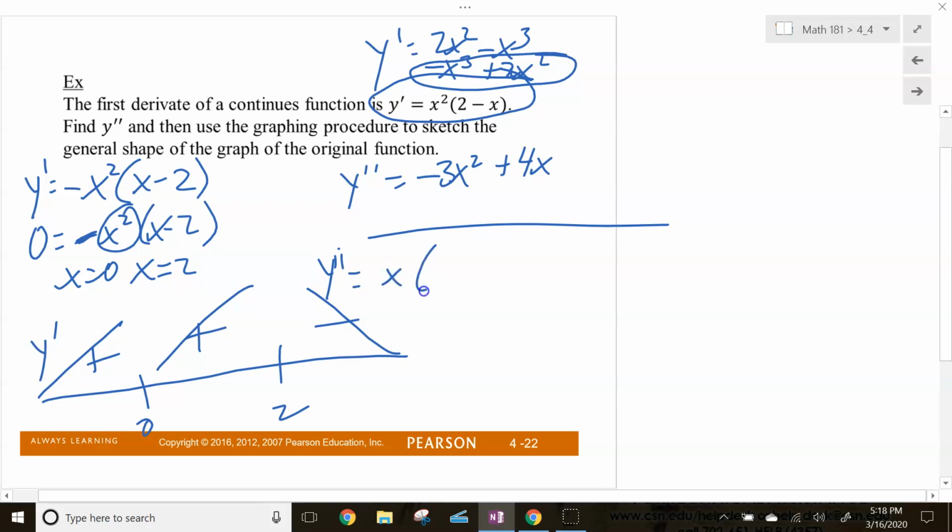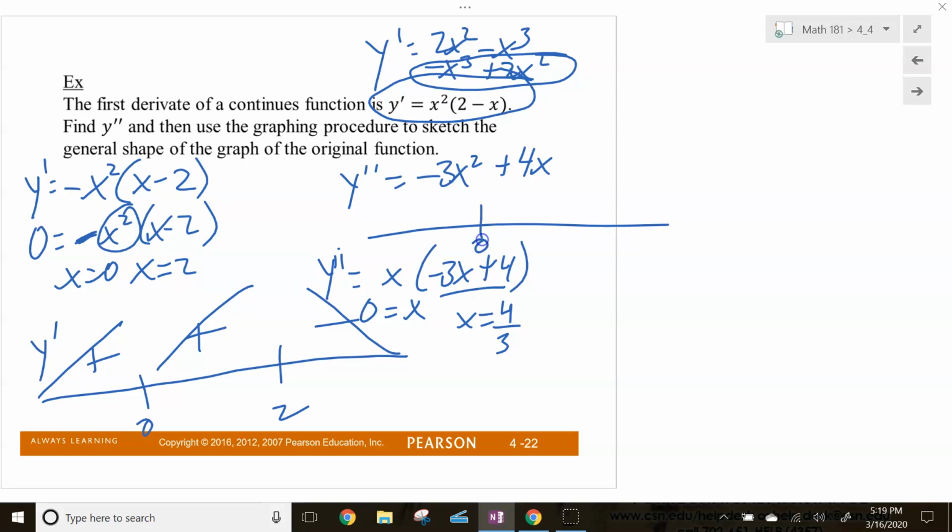Take an x out and set it equal to 0. So we got x equals 0, and then -3x plus 4 equals 0, so x equals 4/3. Okay, so on our double prime, 0 and 4/3 are the critical points for that second test.